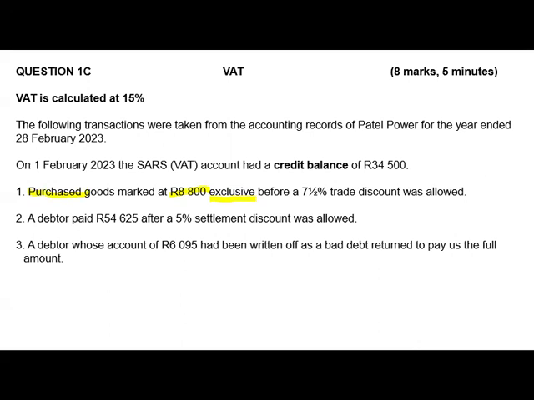We minus the 7.5%. Now, whatever we get there, we're going to multiply it by 15 over 100. Why am I dividing by 100? It's because they told you that the cost price is exclusive of VAT. That's why we're dividing it by 100. Got it? Good.